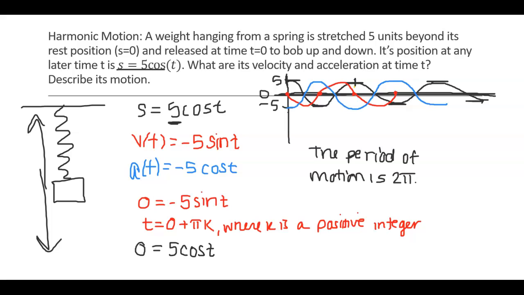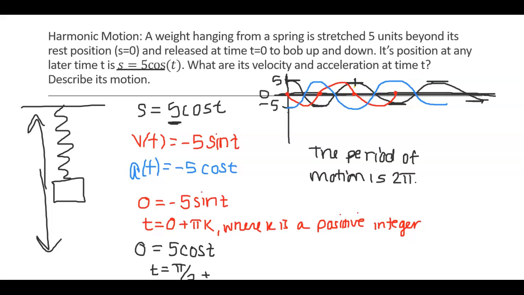So when would the position be at 0? 5 cosine t equals 0. So our t value is, what makes cosine 0? Thank you.